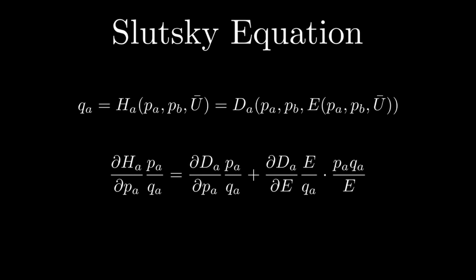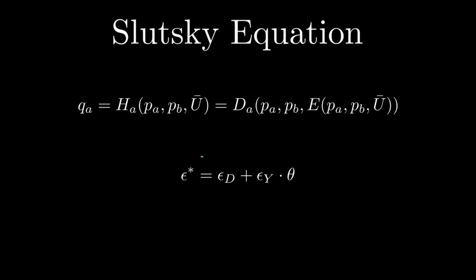Simplifying here gives us this. This looks a lot like a set of elasticities. On the left, we have this elasticity we haven't defined yet, what we call the substitution elasticity of demand. Then we have price elasticity of demand. Then we have income elasticity of demand multiplied by the expenditure on QA.